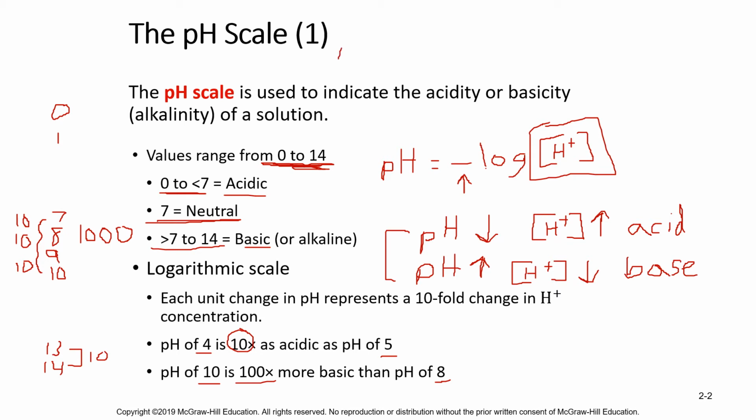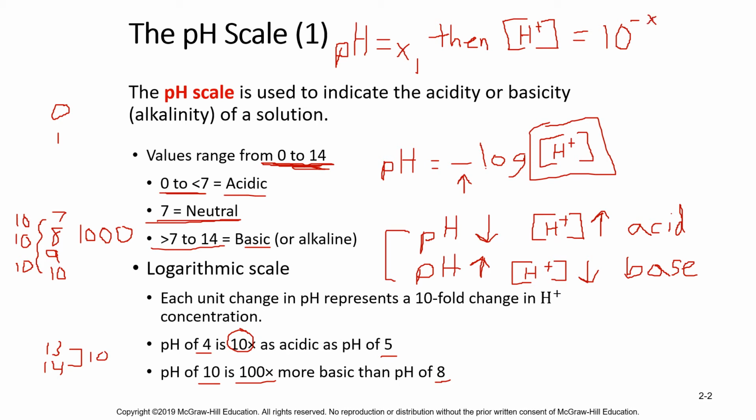So if your pH is equal to some number x, then your concentration of hydrogen ions is equal to 10 to the negative x.